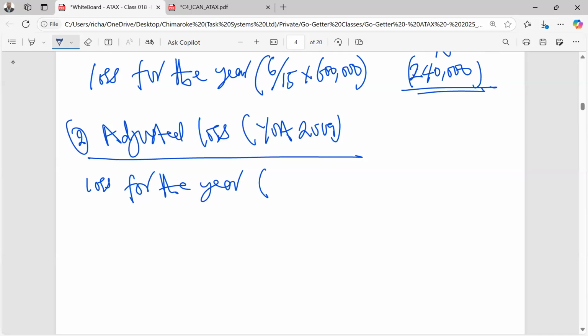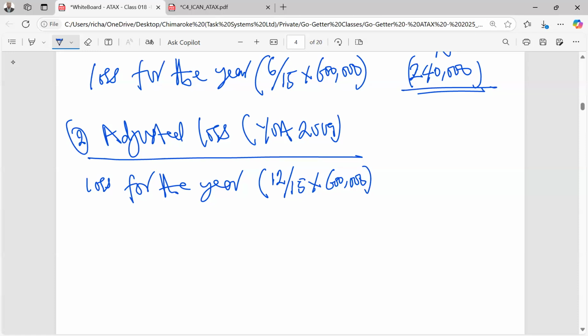We are going to be taking 12 months because we said it's 12 full months. Remember, we started the business July 1, 2008, and our 12 months is still within the 15 months. So we are taking 12 over 15 times 600.